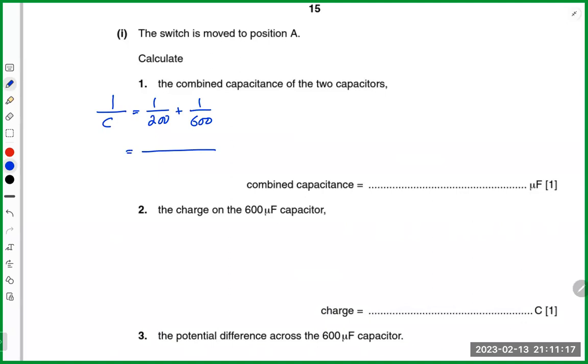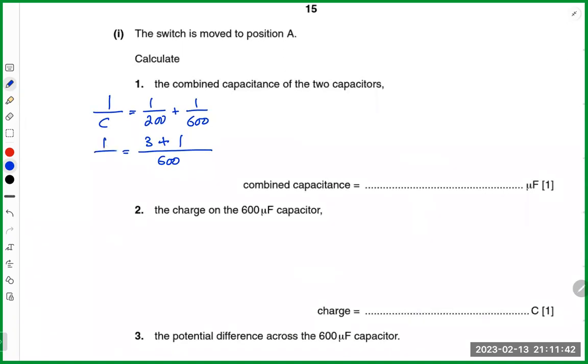So 600, not 300, it is 3 plus 1 equals 1 over C. So C equals 600 divided by 4, which is 150 microfarad.